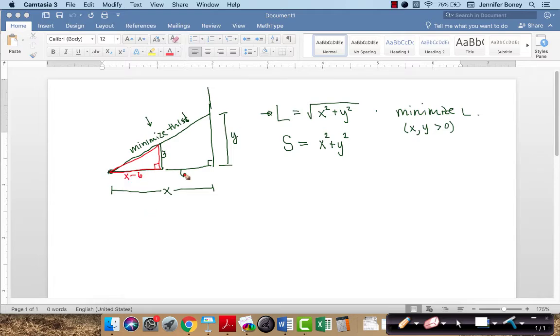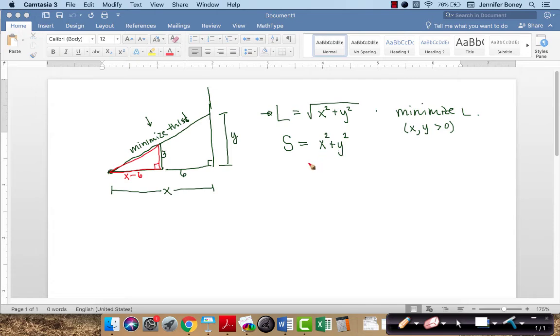X minus 6 and 6 are going to add up to x. So this length 3 corresponds to that side y. This length x in the large triangle corresponds to x minus 6 in the small triangle. Using those together, we can come up with an expression for y in terms of x, because what we really need here is not 2 separate variables, but to have y in terms of x or x in terms of y.